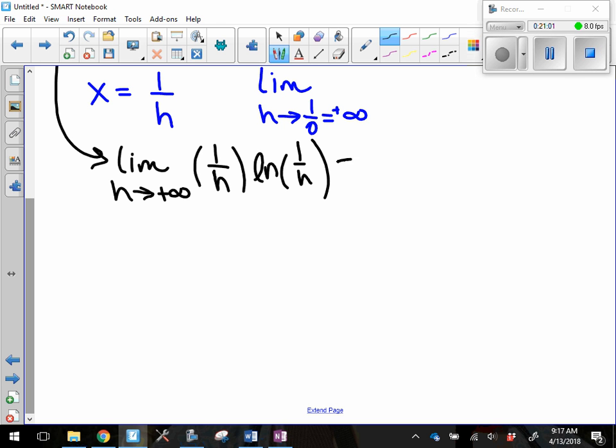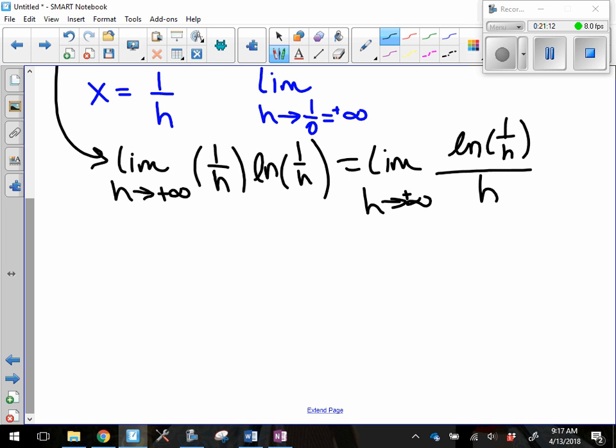Which I can write as the limit as h goes to positive infinity of the natural log of 1 over h, right?